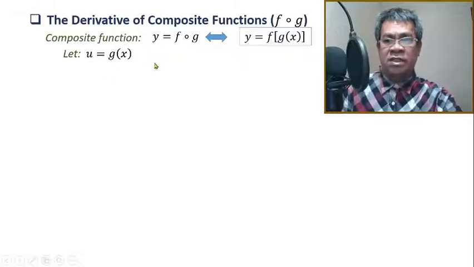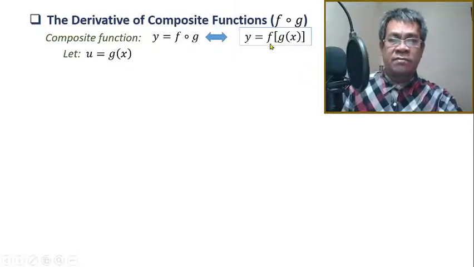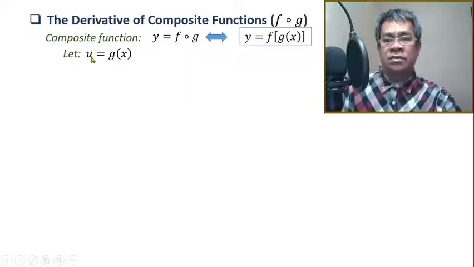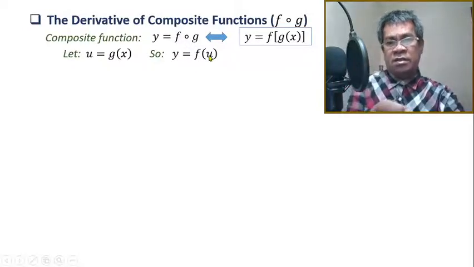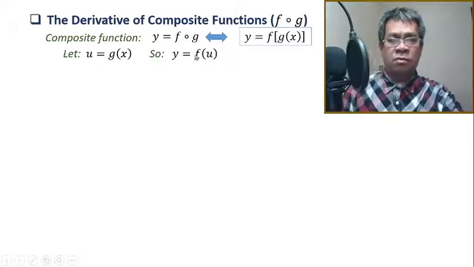Remember, g(x) is the internal part of the function f. If we assign that inside part simply as u, then we can say y is just a function of u. So we break the composite into two components: the internal part, which is the dummy variable u equals g(x), and y becomes simply a function of u.